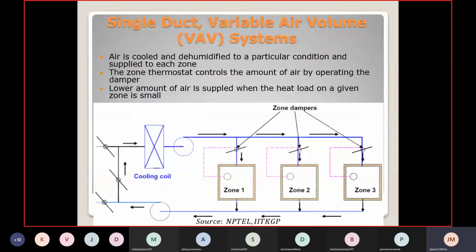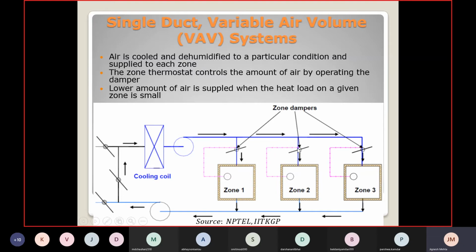Okay. So the problem with these systems is, let's say there is a very low load in a particular zone. Let's say in zone 2, the load is very low. Like the capacity of this theater is, let's say, 200, but at some point of time there are only 20 people sitting, so the load is less.